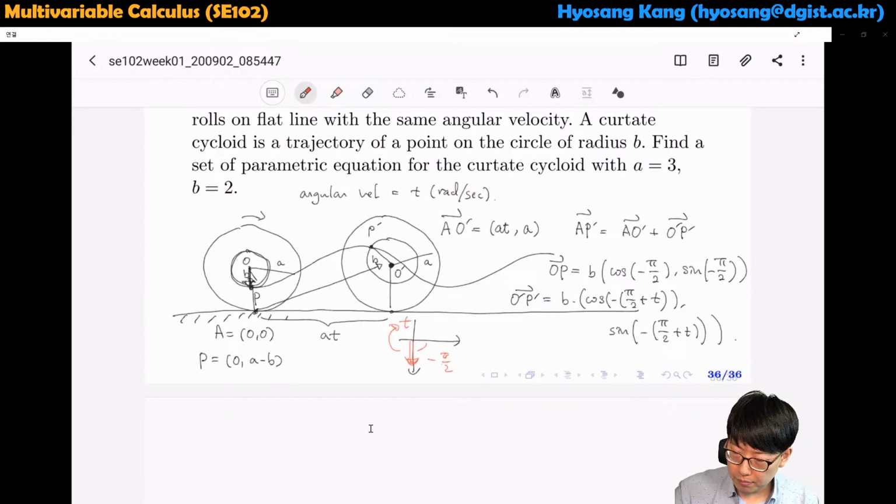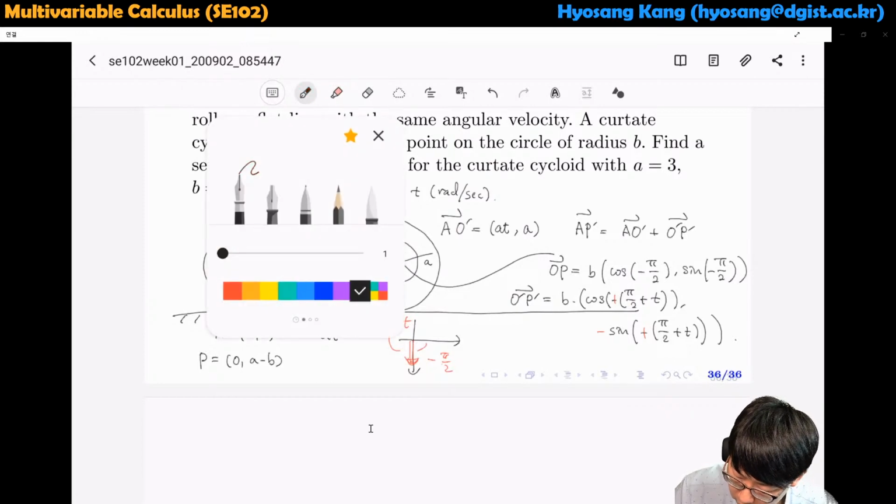Since cosine is an even function, I can get rid of this, and sine is an odd function, so I can move this minus to the outside of sine. So these are the O prime P prime.